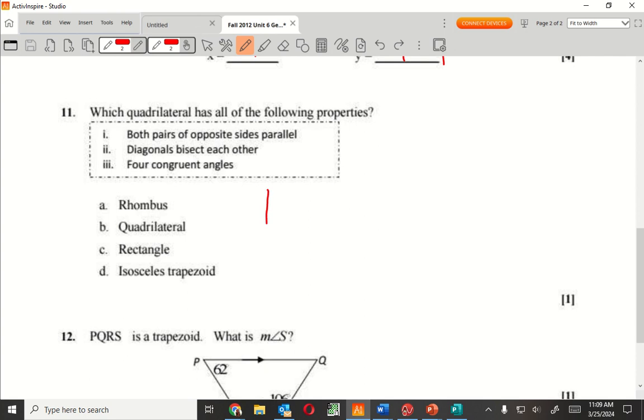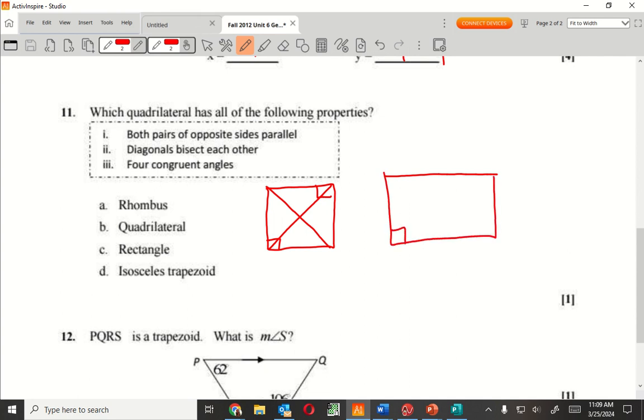So, let's see. If that's a right angle, that's a right angle. Okay, what is this one here called? That's a square, right? So is square one of my choices? No. Square is not one of the choices. Okay, then let's look.